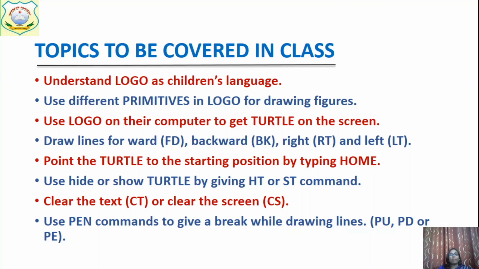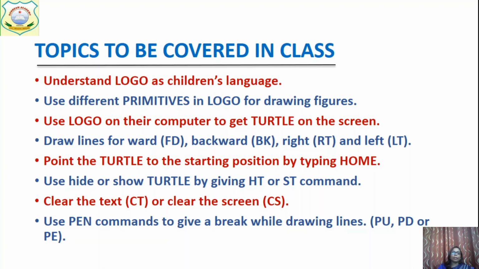Now we have Logo turtle, and then we have commands like FD to move forward, BK to move backward, RT to turn right, LT to turn left, and then the home command. I will show you all these commands, but this is the list of all commands that you have to read in this chapter.